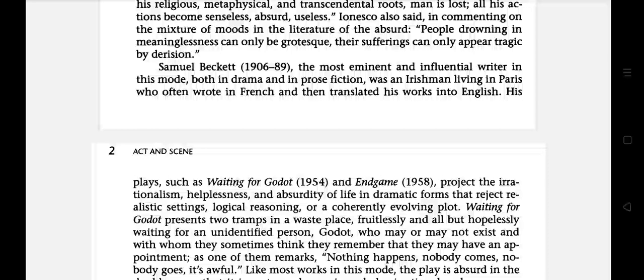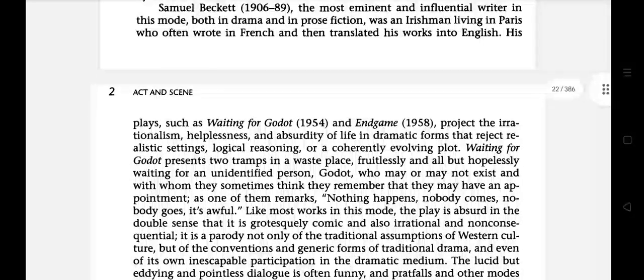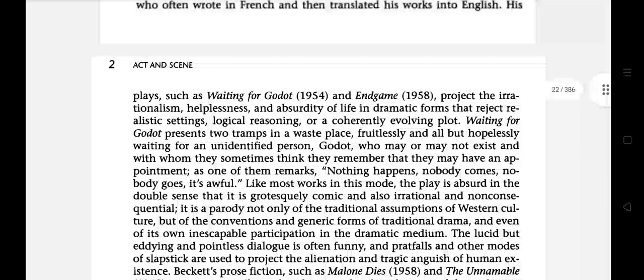His plays, such as Waiting for Godot, 1954, project the irrationalism, helplessness, and absurdity of life in dramatic forms that reject realistic settings, logical reasoning, or a coherently evolving plot.